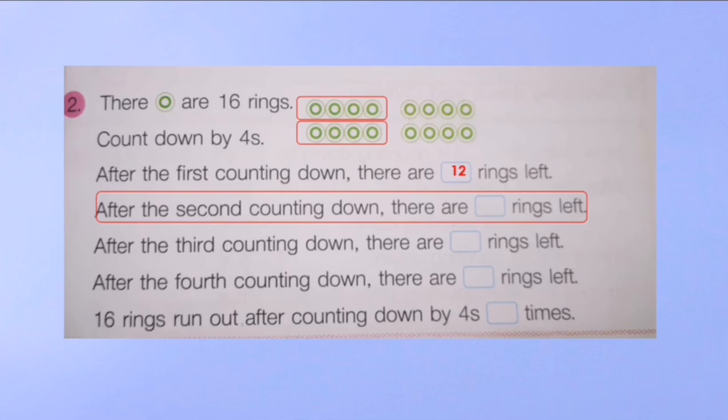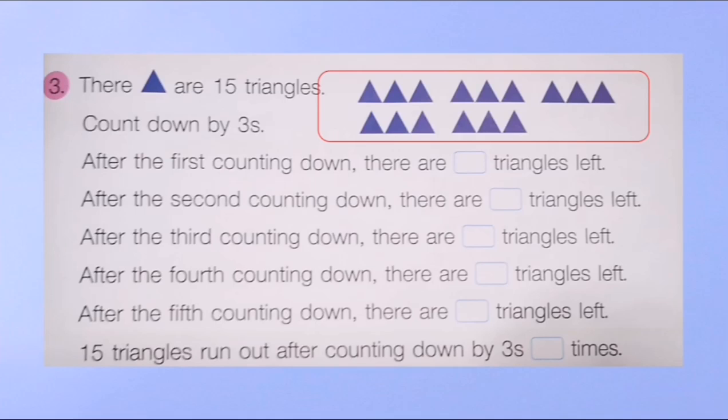Okay, so let's proceed to number 3. So please answer the rest of exercise number 2 on your own. So let's proceed here. There are 15 triangles. Count down by threes. So this time we will be counting by threes.